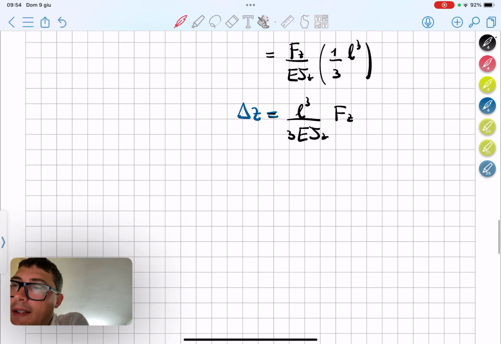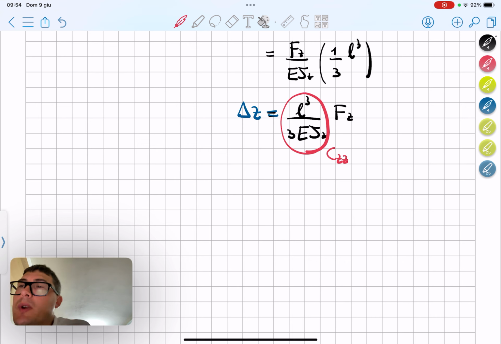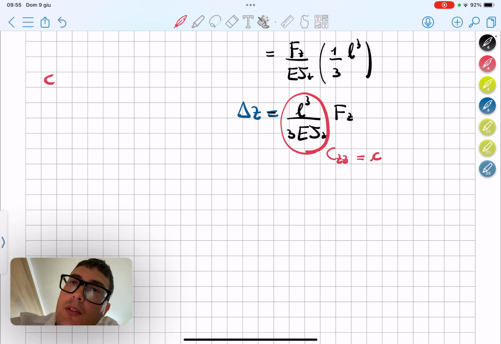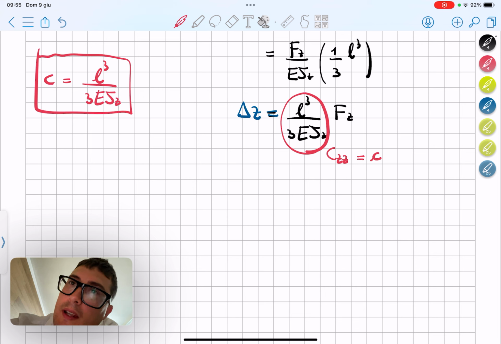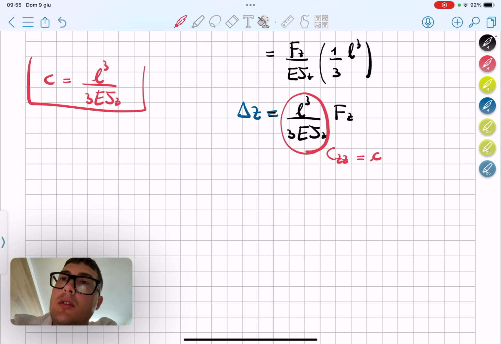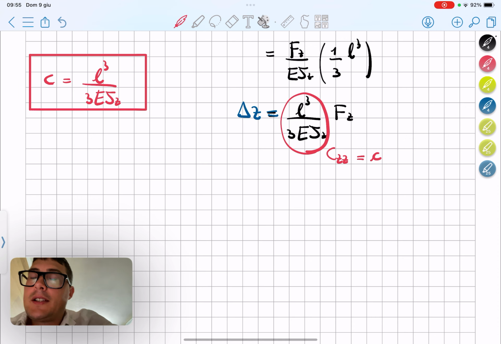So it appears that Czz is this quantity here. We also denote this as c, little c. So let me write in here, c is equal to L to the cube over 3EJz, which will be used later on because we want to normalize everything according to this little c. All right. Okay, so we get the first coefficient.